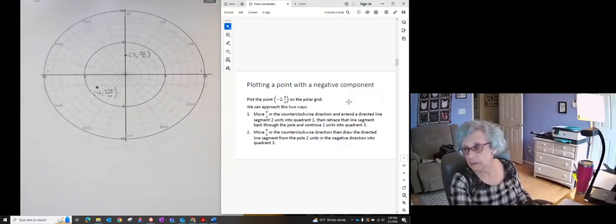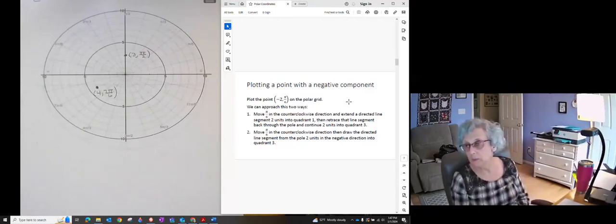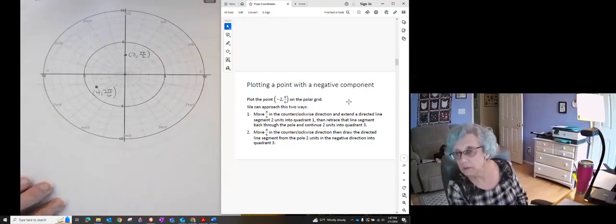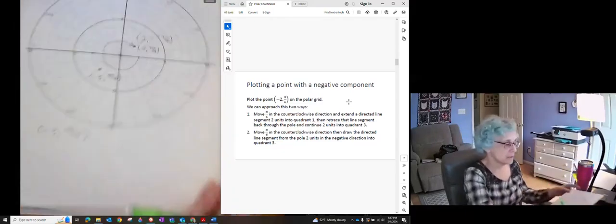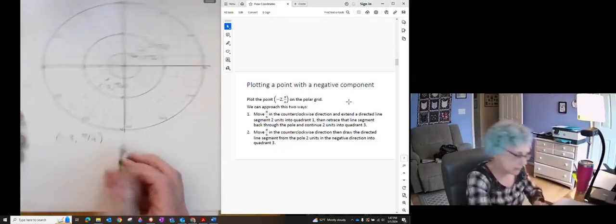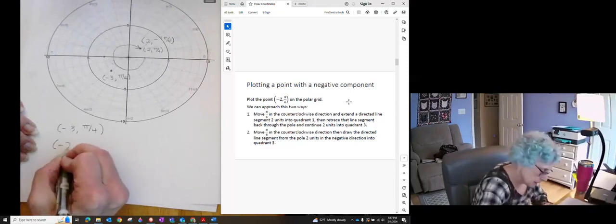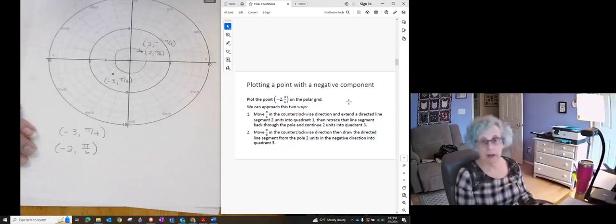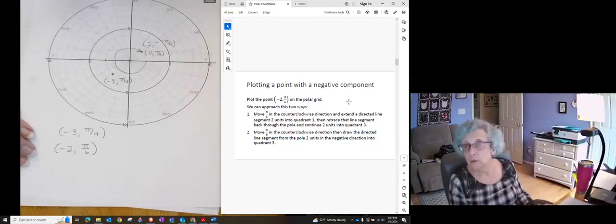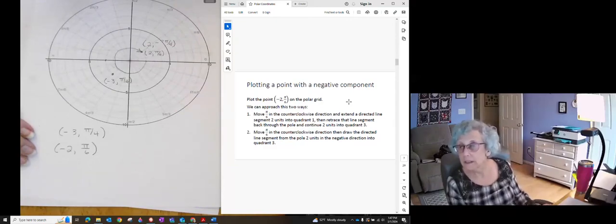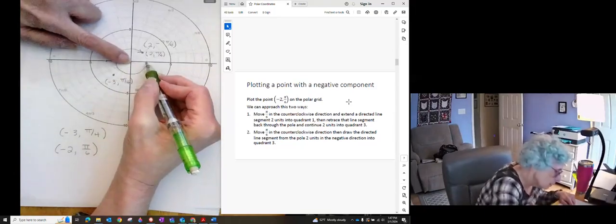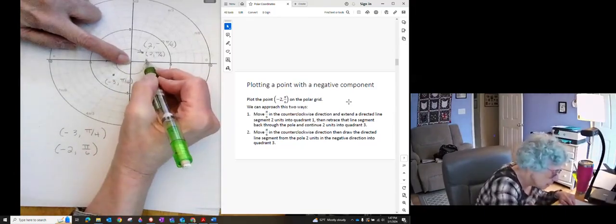There's the pretty pictures. Here's where I talk about plotting a point with a negative component. So this time I chose (-2, pi over 6). So I'm going to turn back over to this side and plot the point (-2, pi over 6). So move pi over 6 in the counterclockwise direction.